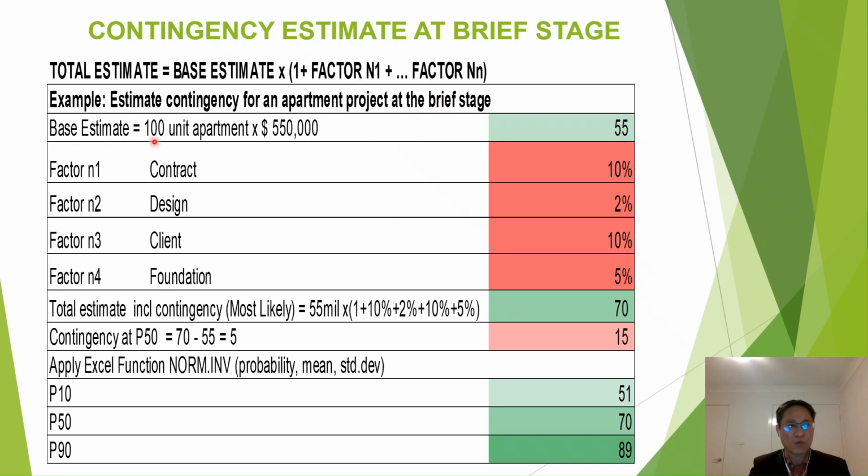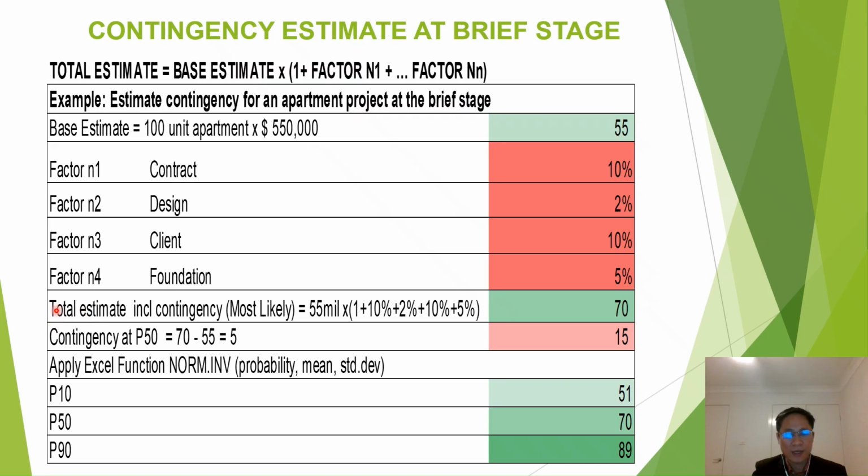The base estimate is 100 apartment units times 550,000 per unit, equal to 55 million for the base estimate. And factor N1, the contingency, will be 10% of the total base estimate. And factor N2, factor N3, factor N4.